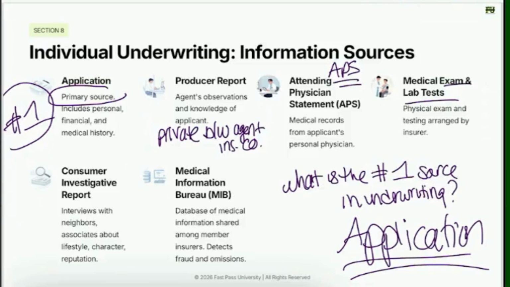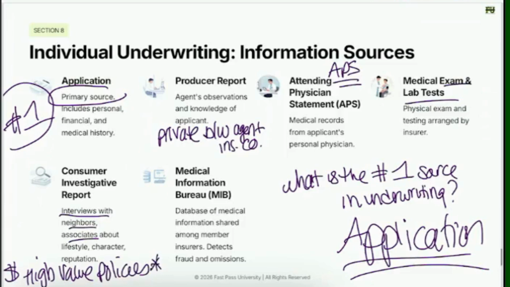And then there are consumer investigative reports. Okay. The insurance company is allowed to interview your neighbors, associates, friends, people you work with about your lifestyle, character, or reputation. This is not as common. This is going to usually be with very high value policies, or maybe somebody that has no information on them, like they haven't been to the doctor in 20 years, can't find anything out about this guy.